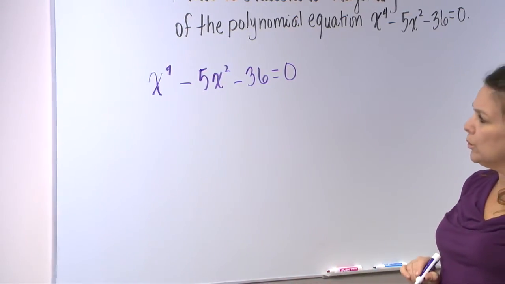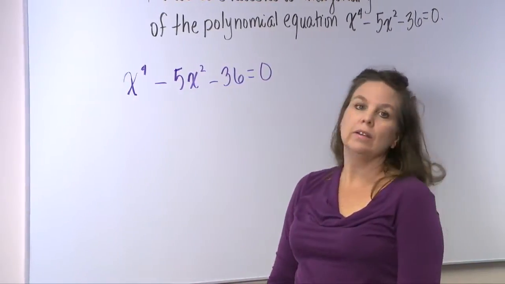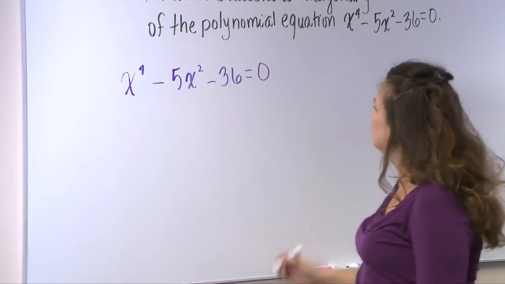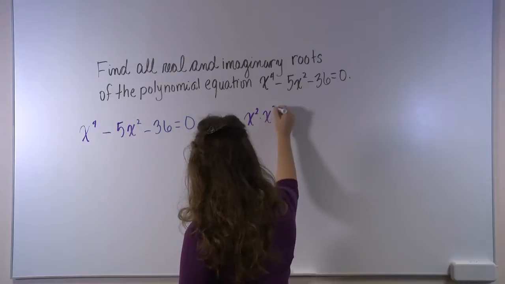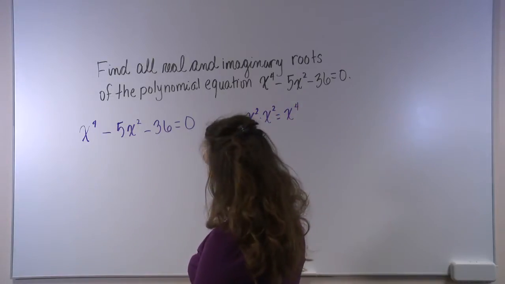This is of quadratic form, and I'll note that x squared times x squared is x to the fourth.